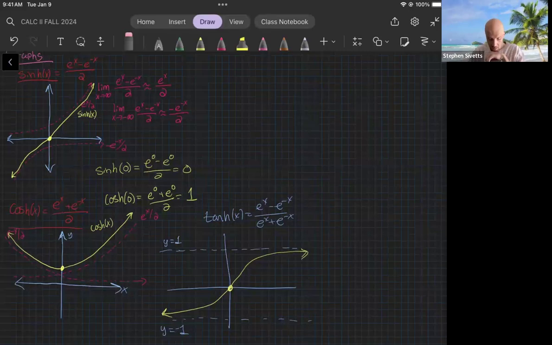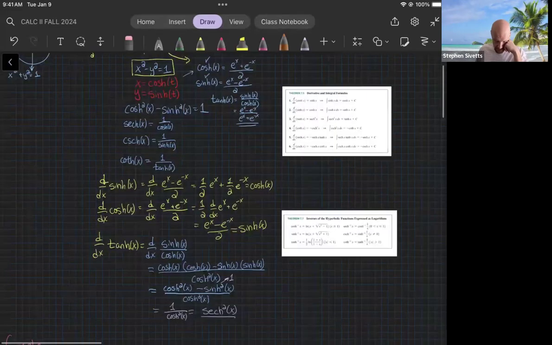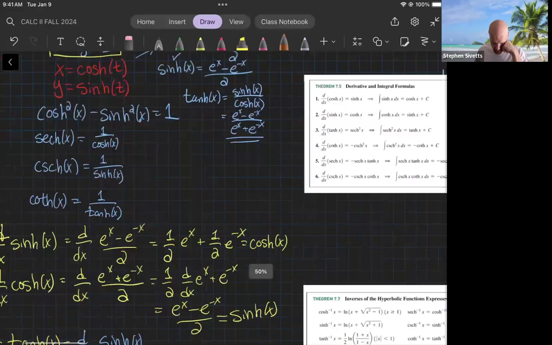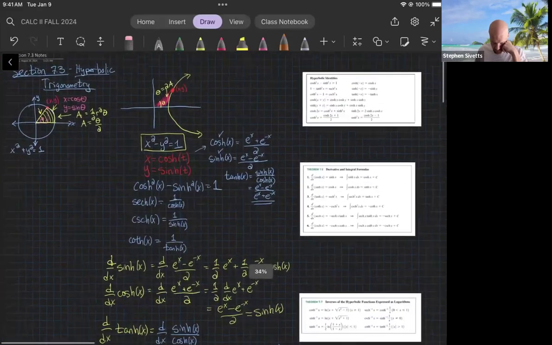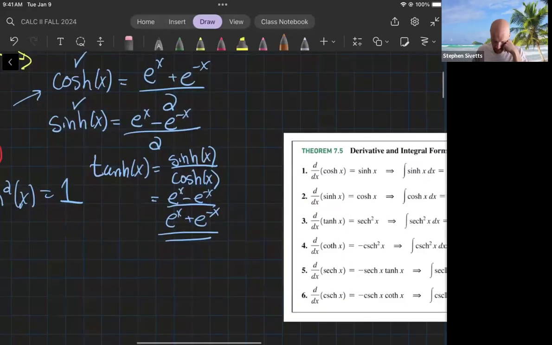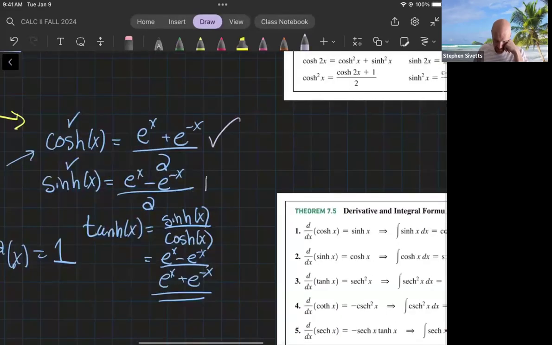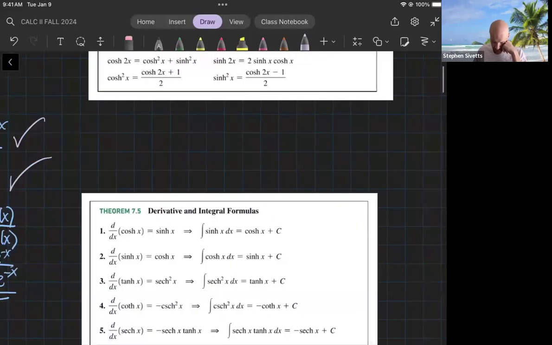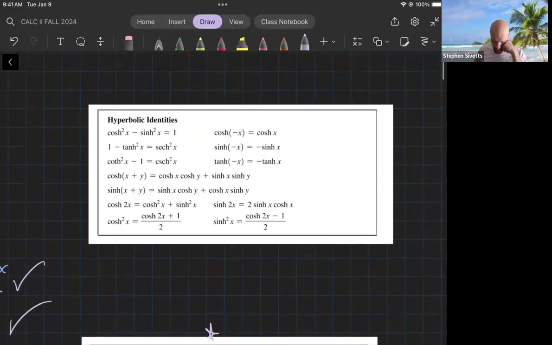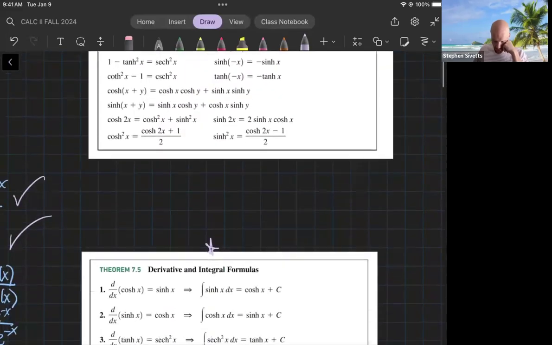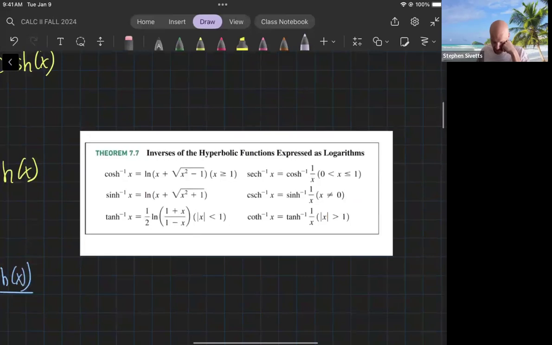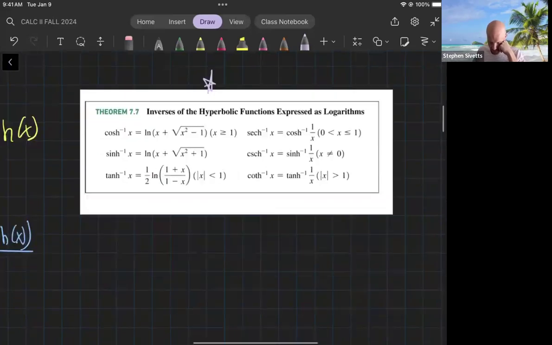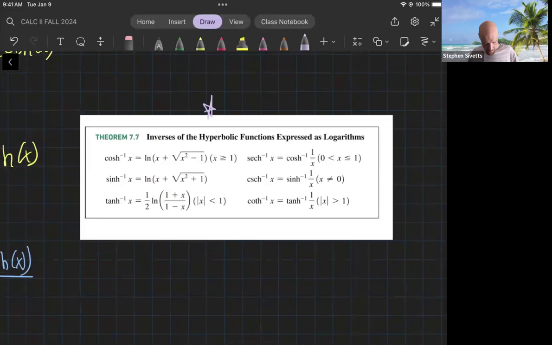As we know, the hyperbolic sine and cosine functions are defined right here, and there are also formula sheets that will give you derivatives, the familiar trig identities, and the functions for inverse hyperbolic trig functions.